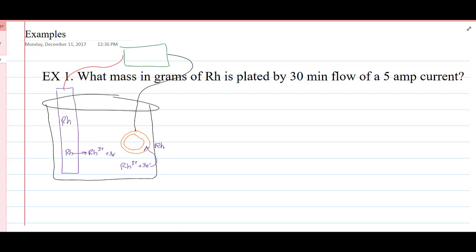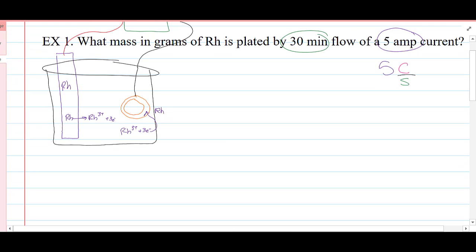The question then is, what do we know here? I have a 30-minute flow and a current of 5 amps. If we remember, 5 amps is 5 coulombs per second. So we have a rate and a time. 30 minutes: in 1 minute, there are 60 seconds.